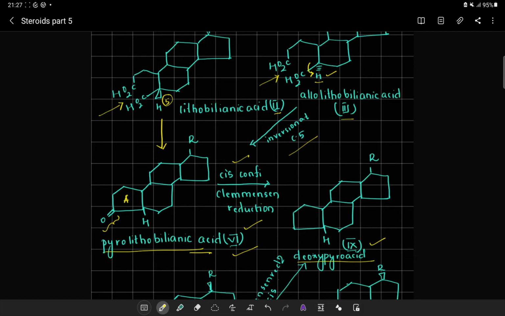This I have already told you, because there is an inversion at C5, because adjacent to the proton there is a carbonyl carbon group which will undergo either an enol form, or because of the presence of a carboxylic group before cyclization itself, there is an inversion at C5 giving me compound number 6.